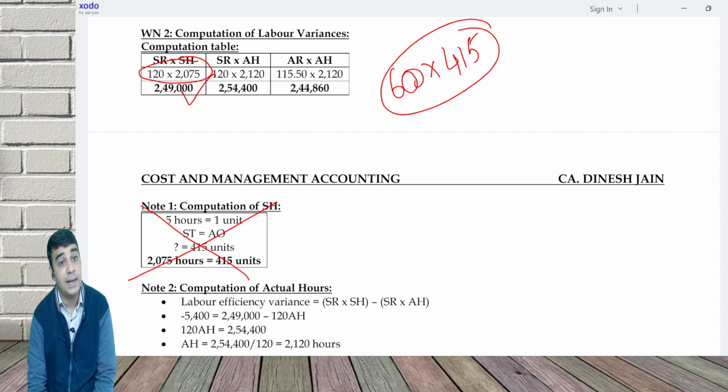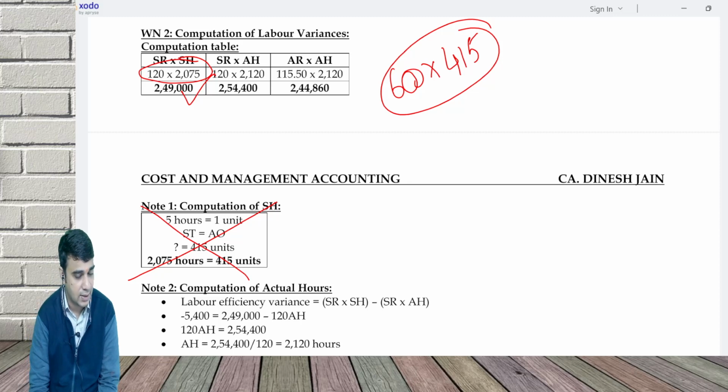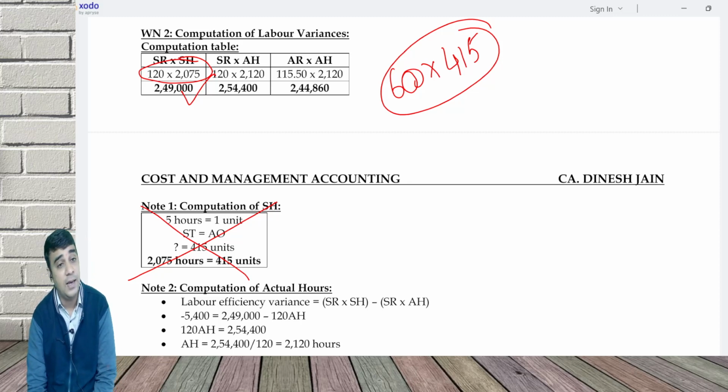Because in labor you have multiple labor and all. There this conversion is not possible. But in a single labor I can do the conversion. When I have multiple labor, you will get stuck. But when it comes to variable overhead, I don't have this confusion of single or multiple variable overhead. In many problems, SR into SH will not be possible itself. There you will have to use SR into AO.